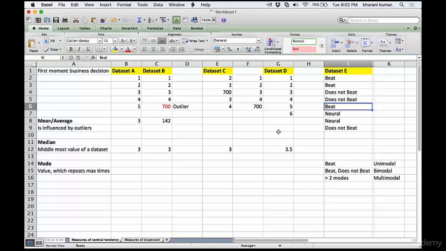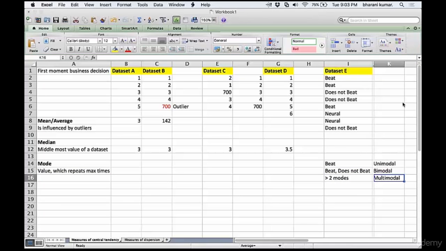Neutral is 2 times, but going by the definition, we need to choose that value which repeats maximum times. Since you have 2 values which are getting repeated 3 times each, you have 2 modes. One is beat, another is does not beat. And if you have 2 modes, it is called as bimodal. And if you have greater than 2 modes, it is called as multimodal.